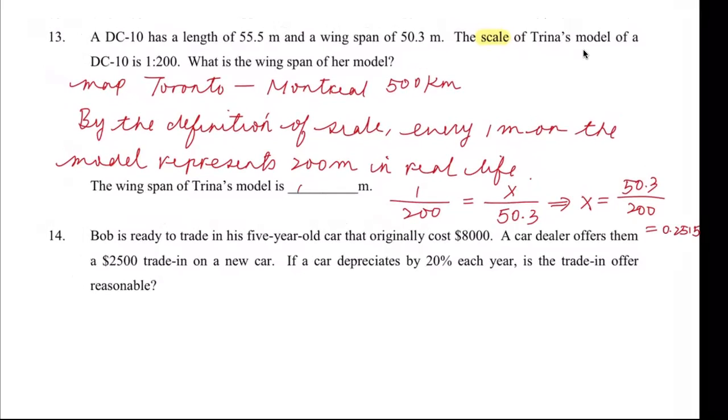Okay. So the wingspan of China's model is 0.2515 meters. So this question is basically testing whether we know what a scale really is.